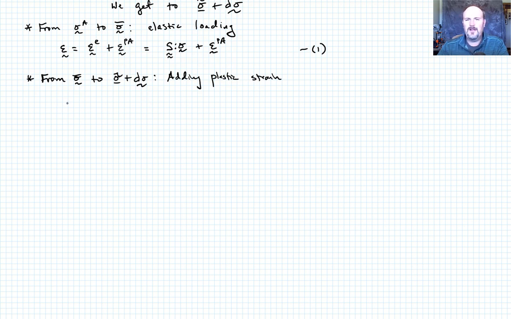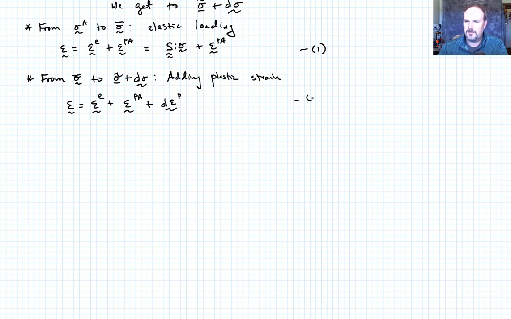Okay, so we would write this then as the total strain is still equal to epsilon elastic plus epsilon plastic, right? But at the point of plus an additional plastic strain increment d epsilon p.